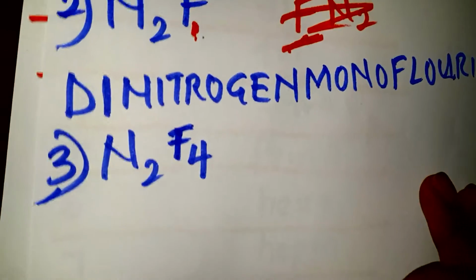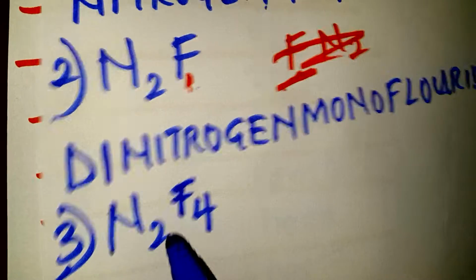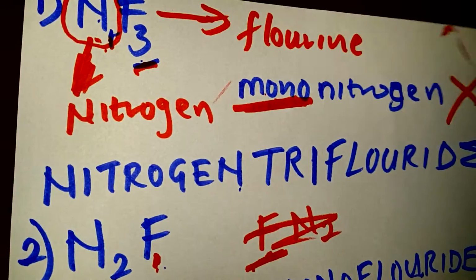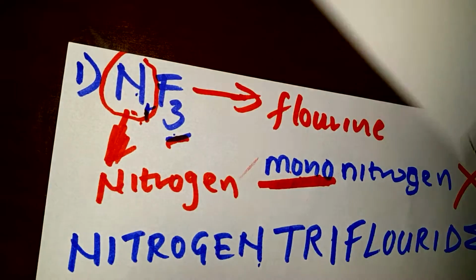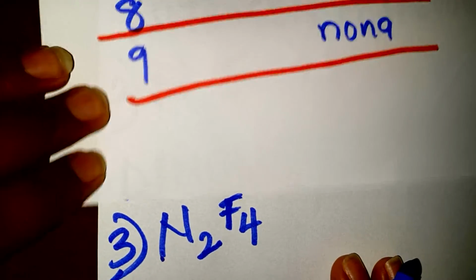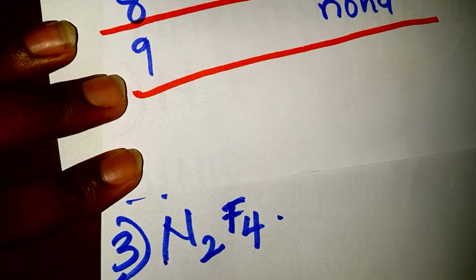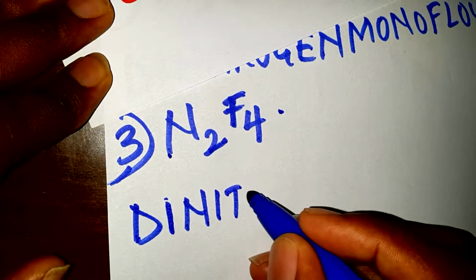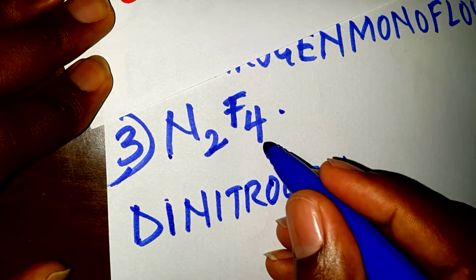So the answer will be, we have N2. This is nitrogen, this is fluorine. We have 2 as our prefix here. The first writes the name of the prefix. We have 2 here, and our 2 is di, as you can see. So this will be di nitrogen. We have 4.